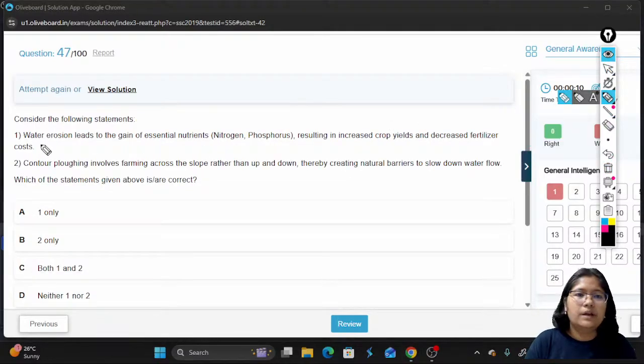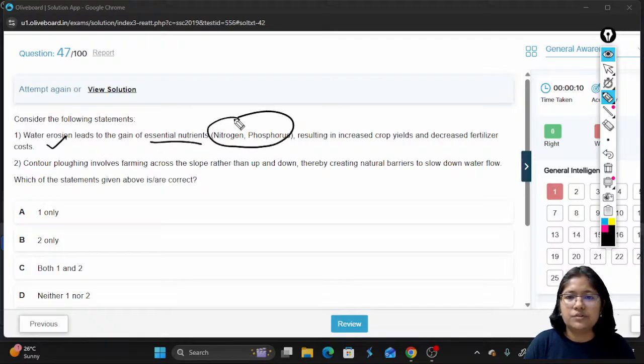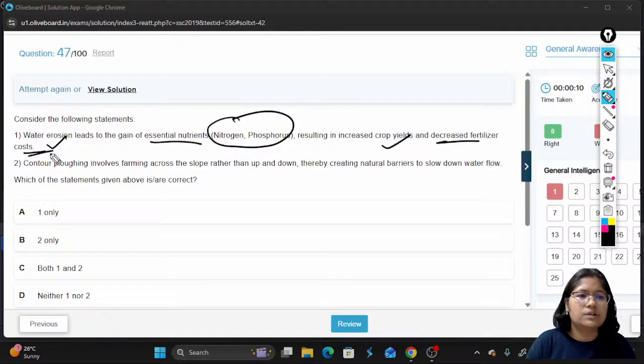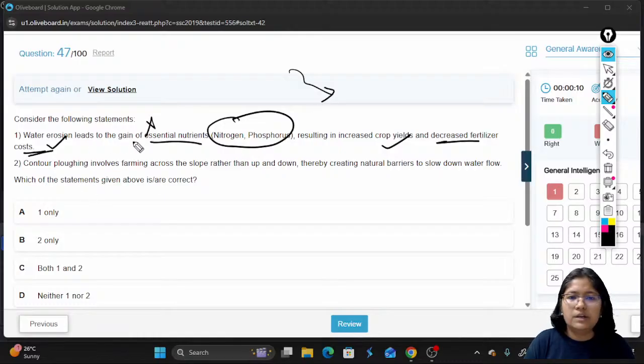Next question. Water erosion leads to the gain of essential nutrients, nitrogen and phosphorus, resulting in improved crop yields and decreased fertilizer cost. If water erosion is happening, then the essential nutrients are gained or lost? They are asking which statement is correct. So it will be lost and not gained.